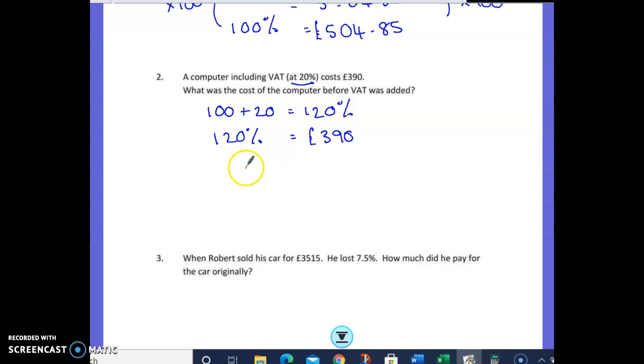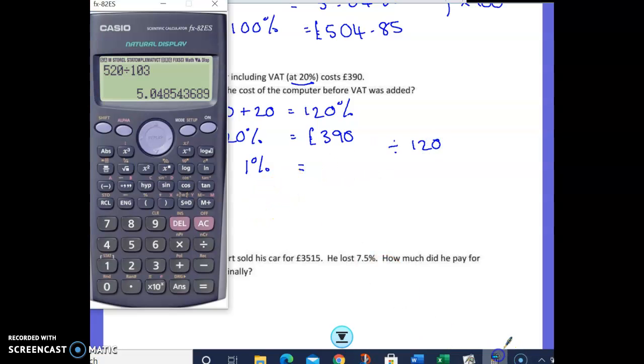It doesn't matter what you go down to and what you work your way back up to. I could divide by 12 and get down to 10%, and then times that up from 10% to get 100%. Makes no difference, whatever way you see is absolutely fine. What will always work though is going down to 1%. So I'm going to divide by 120.